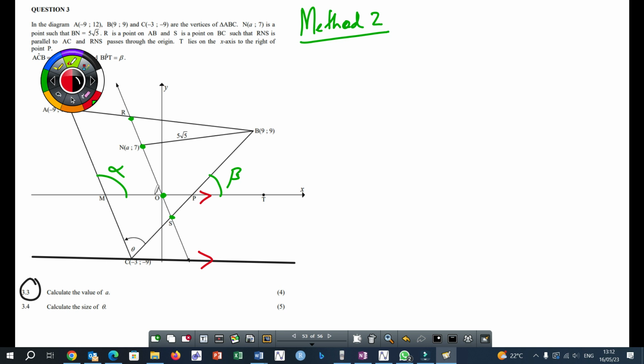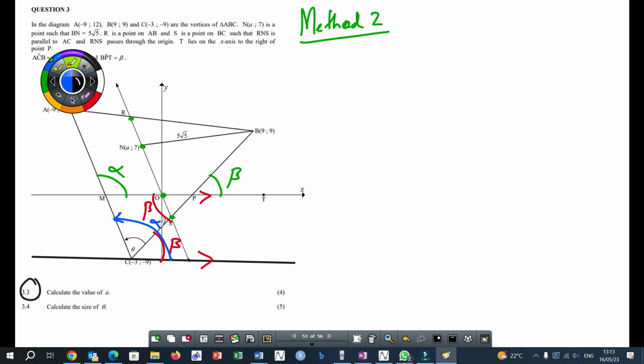Already we know that this angle is vertically opposite, so it's equal to beta, which means this angle is going to be beta. And then this whole angle is going to be alpha. So again we'll come to alpha being equal to beta plus theta.